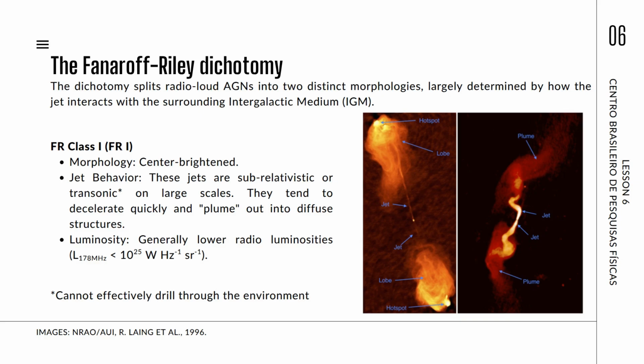So what defines if we have a Fanaroff-Riley 2 or 1 is mainly the power of the jet and the density of the environment. You can have a powerful jet, but if the environment is too dense, it cannot effectively drill through this environment. Okay, and then you have something like that.